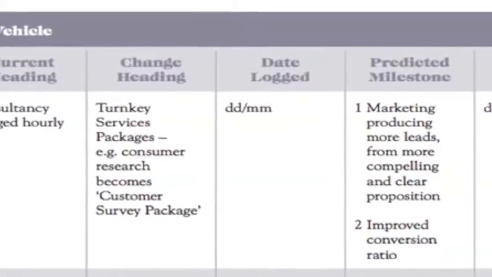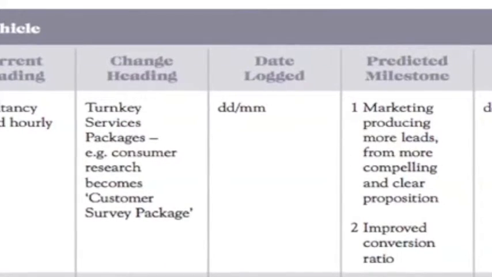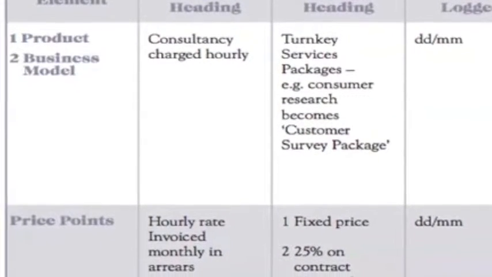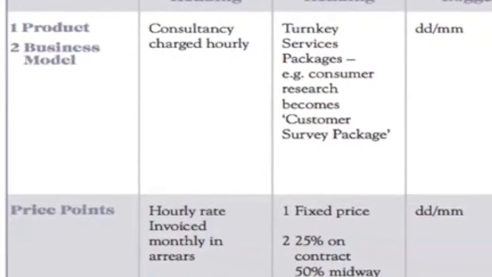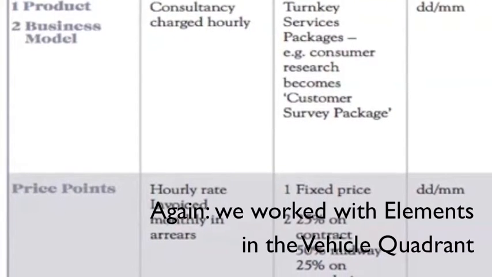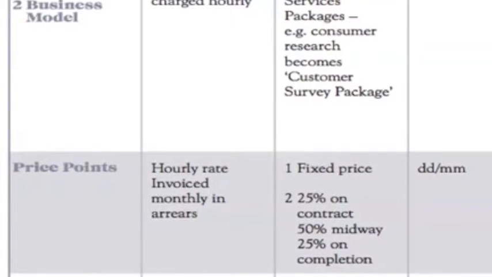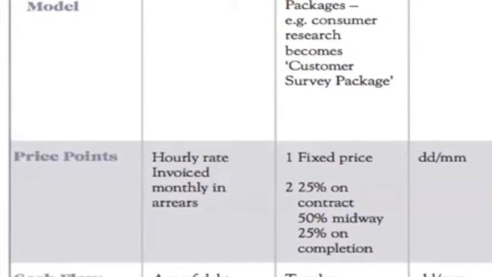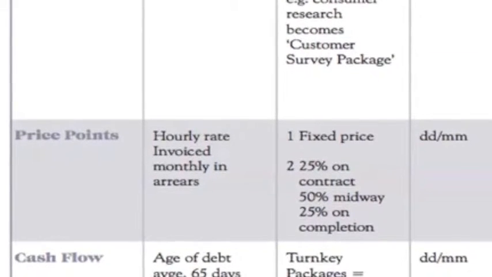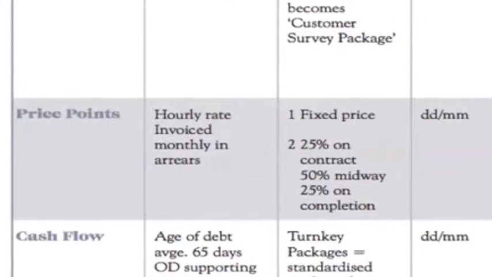So we productized the skill-based business model. In the example, the change log that we were running with is vehicle, and the elements requiring change were the product, the business model, our price points, and also the cash flow. There are probably secondary changes to other elements as a consequence, but these are the key ones.